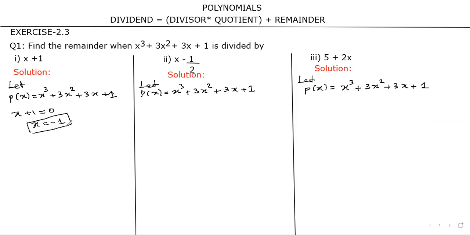That is, find the remainder of this polynomial when it is divided by x plus 1. You can use long division method, and here the concept is given here. Dividend equals divisor times quotient plus remainder. You can use this. So here, just in the place of x, you can replace negative 1 in this polynomial.